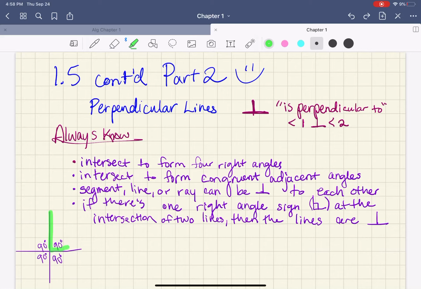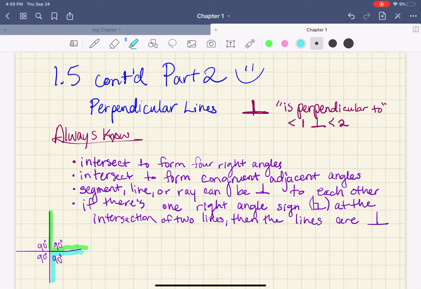And it's like, well, yeah, because all of the angles are 90 degrees, so of course they're going to be congruent to the one next to it, right? Segment, line, or ray can be perpendicular to each other. That's just saying that this isn't something that only line segments can do. All different types of lines can have this happen to them.